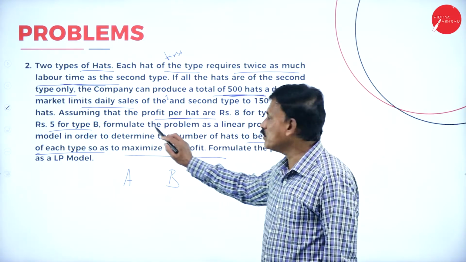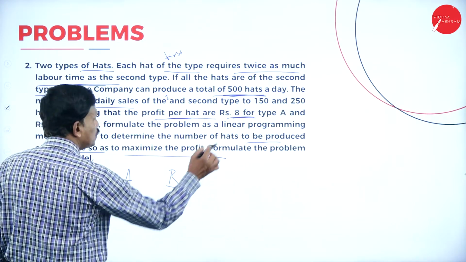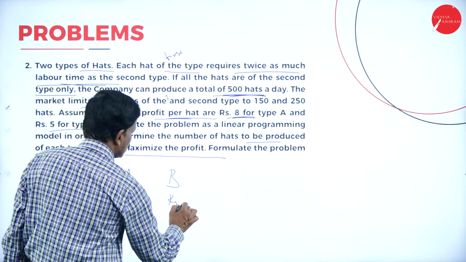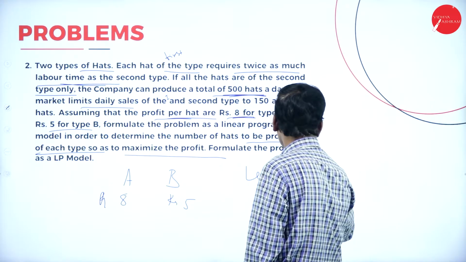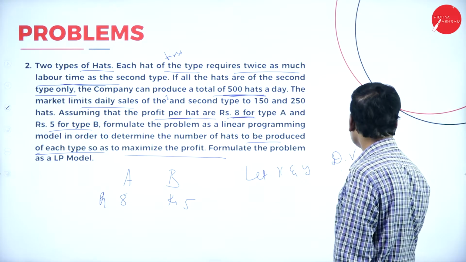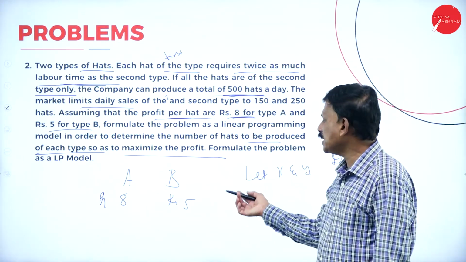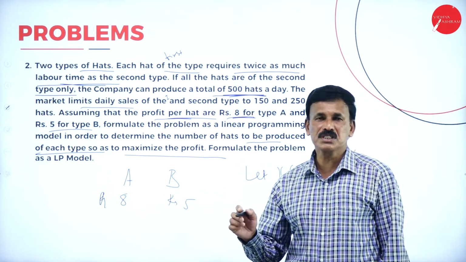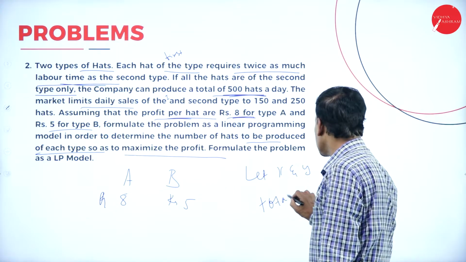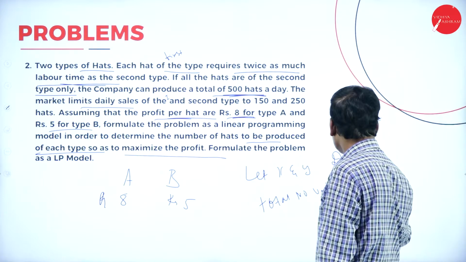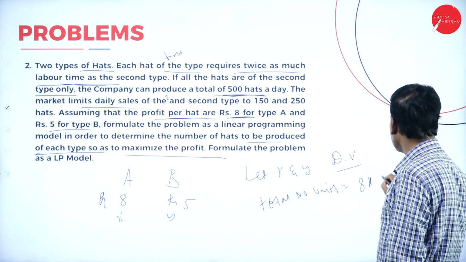The profit is rupees 8 for A and rupees 5 for B. Let x and y be the decision variables for A and B. Therefore the total profit is 8x plus 5y.